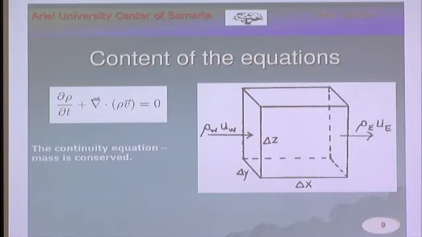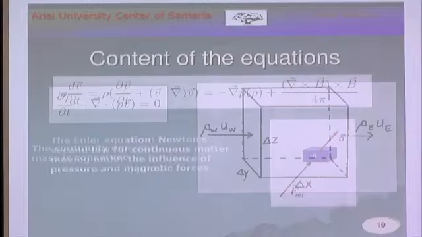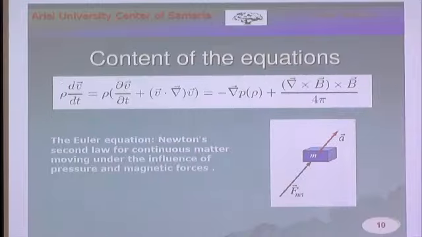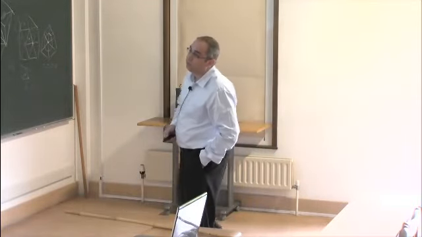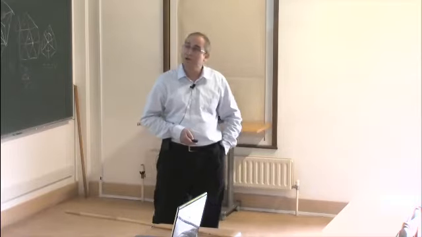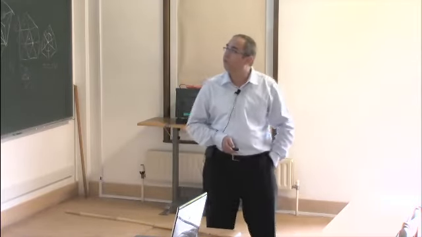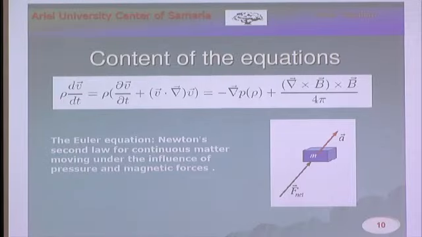Continuity equation is just the fact that mass is conserved, nothing more. And this equation is Euler equation, which is just Newton's second law for continuous matter, moving under the influence of pressure and magnetic forces, where you have a kind of Lorentz force over here.